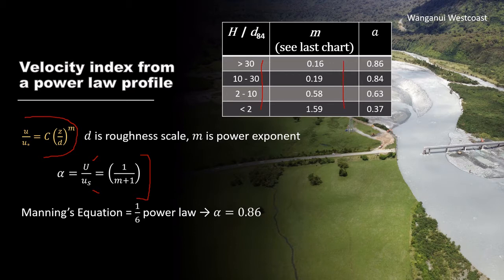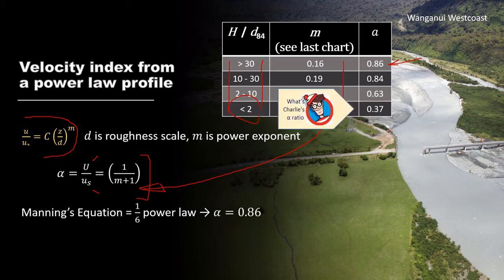By substituting these exponents into this equation, we can predict what alpha values are applicable to these relative depth ranges. And you can see that for relatively deep flows, we get our conventional alpha values, but when we get down to the very shallow depths, we have alpha values that wouldn't typically be used in practice.